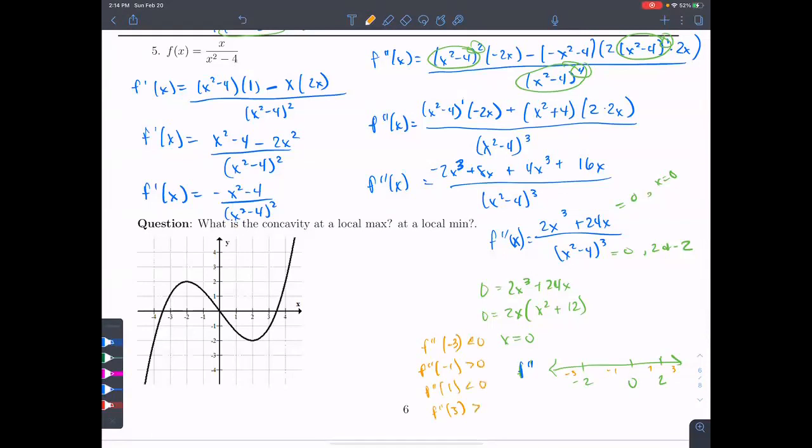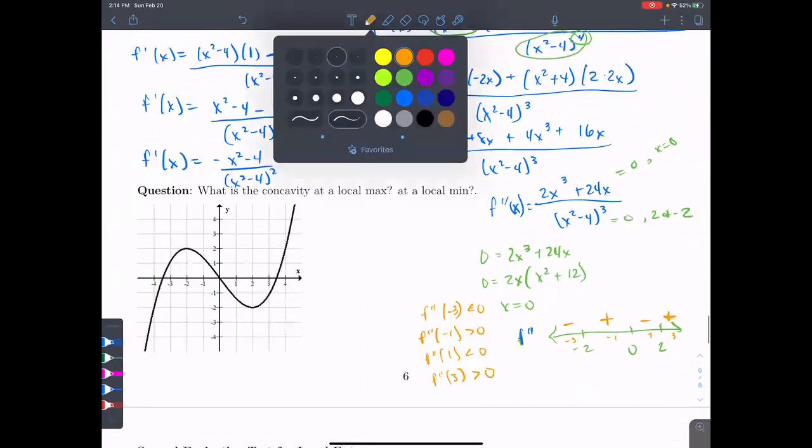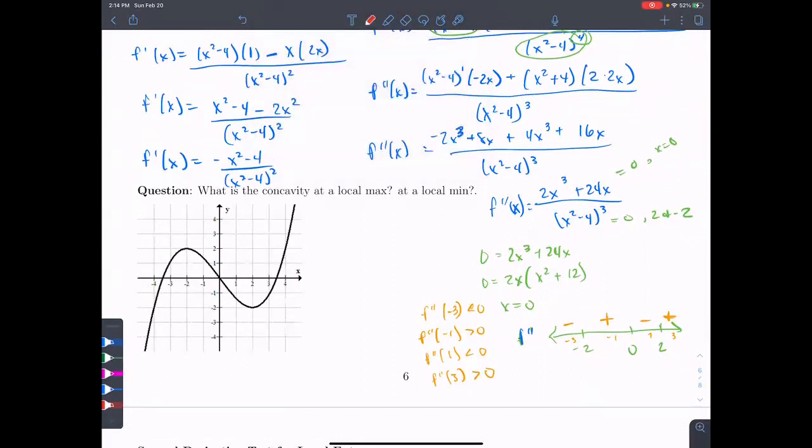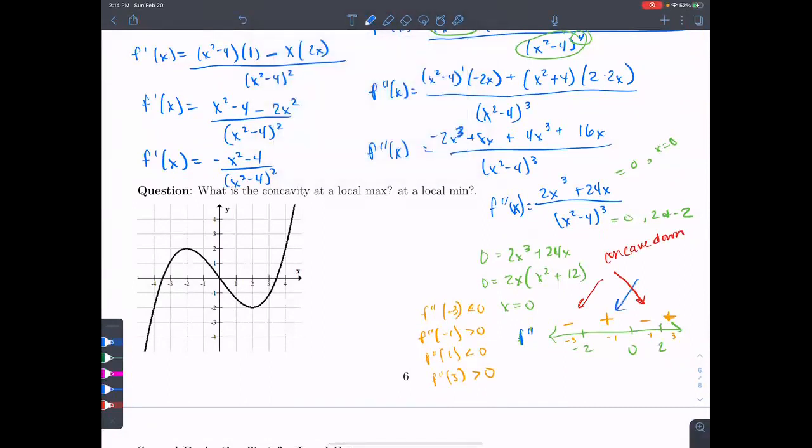Use your calculators to do that. Okay, so we have concave down on those and concave up here and here.